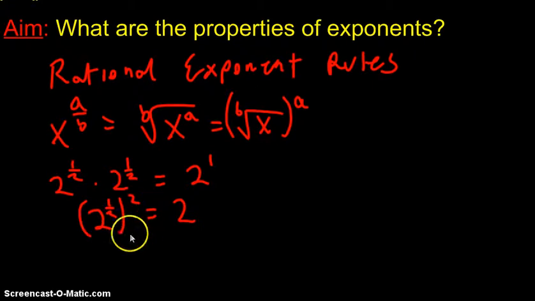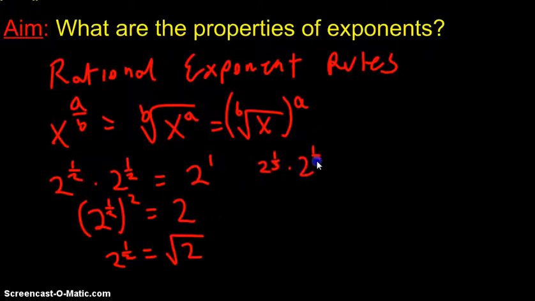So by taking the square root of both sides, we get 2 to the 1/2 is equal to the square root of 2. We don't list the 2 here for a square root. But we can do the same thing for the cube root. Let's say we had 2 to the 1/3 times 2 to the 1/3 times 2 to the 1/3.